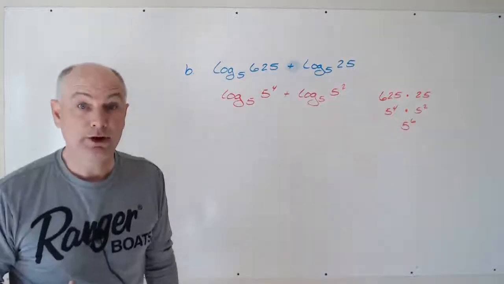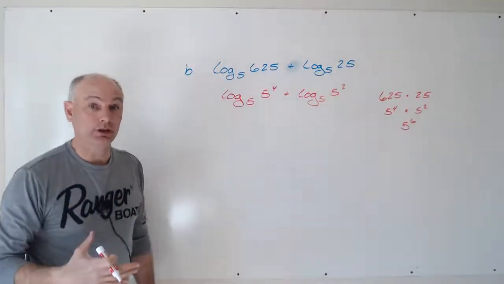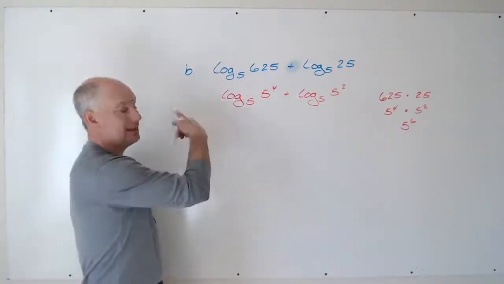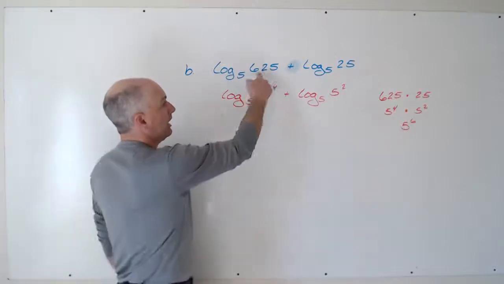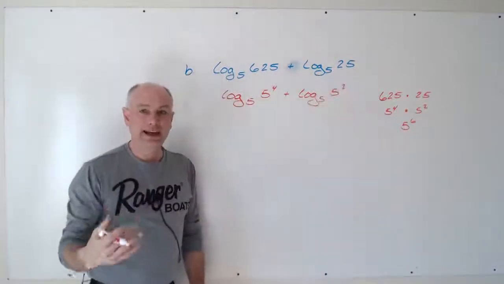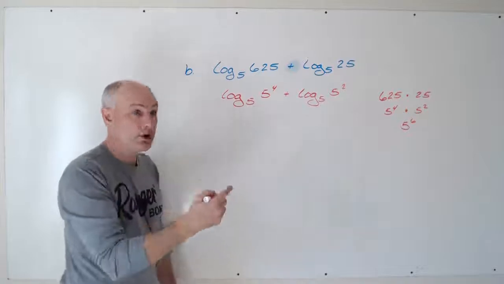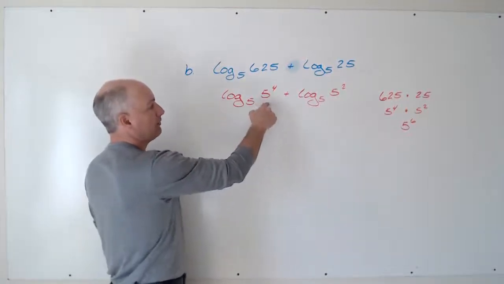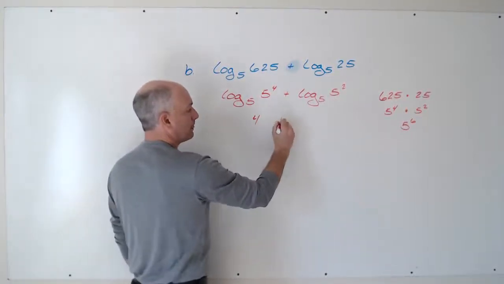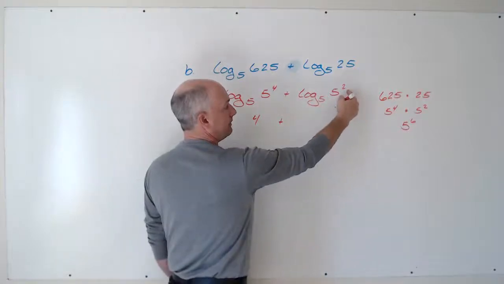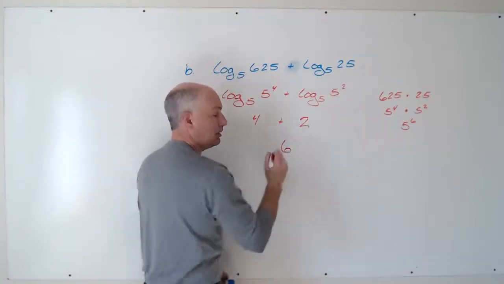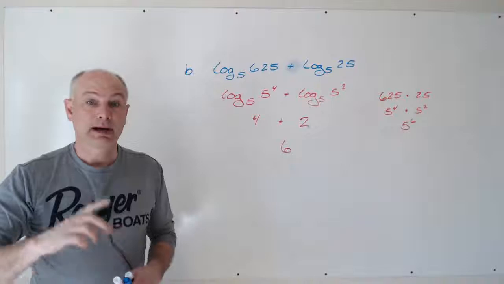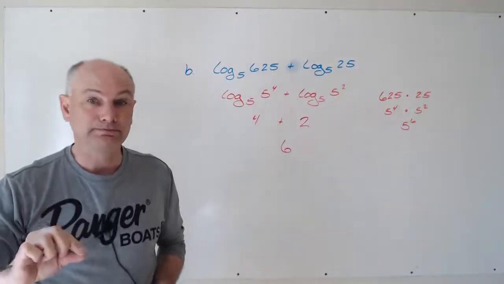Well, that would be mathematically true here. So notice that in this particular case, since I have things I could write in base 5, this would work because log base 5 of 5 to the fourth power is 4. Log base 5 of 5 squared is 2. I still get the 6, but I want to keep something in mind here.